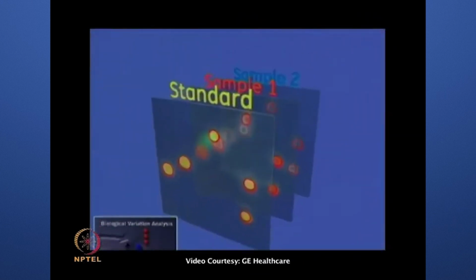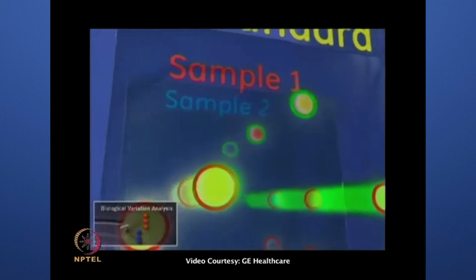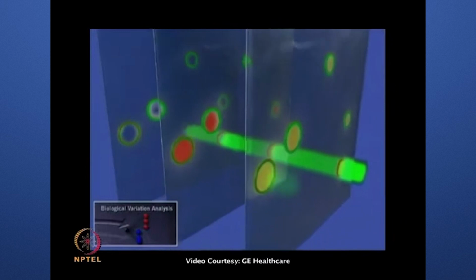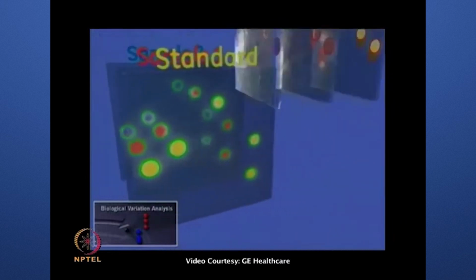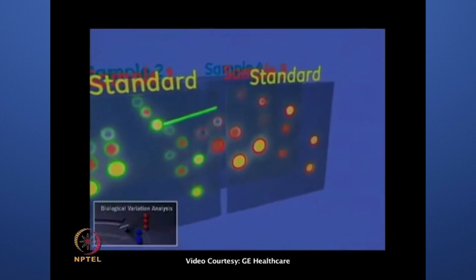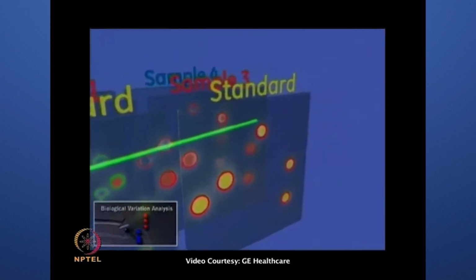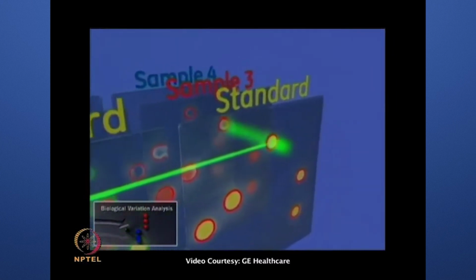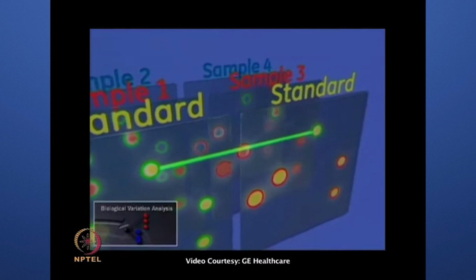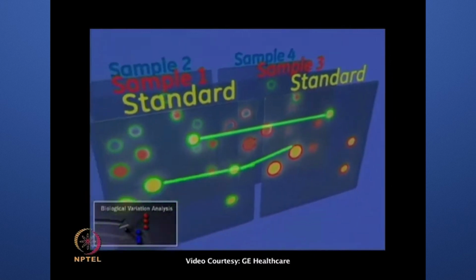And after finishing DIA, we can go to BVA. In BVA, we can compare all DIAs together. As you can see in this video, first of all it matches between the standard gel, and from the standard gel to the corresponding DIA.